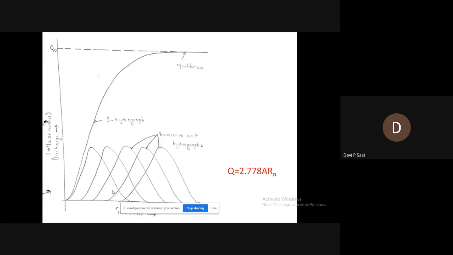An S-curve is derived by summing up the ordinates of a series of unit hydrographs of the same specified duration, which are spaced at intervals of unit duration.